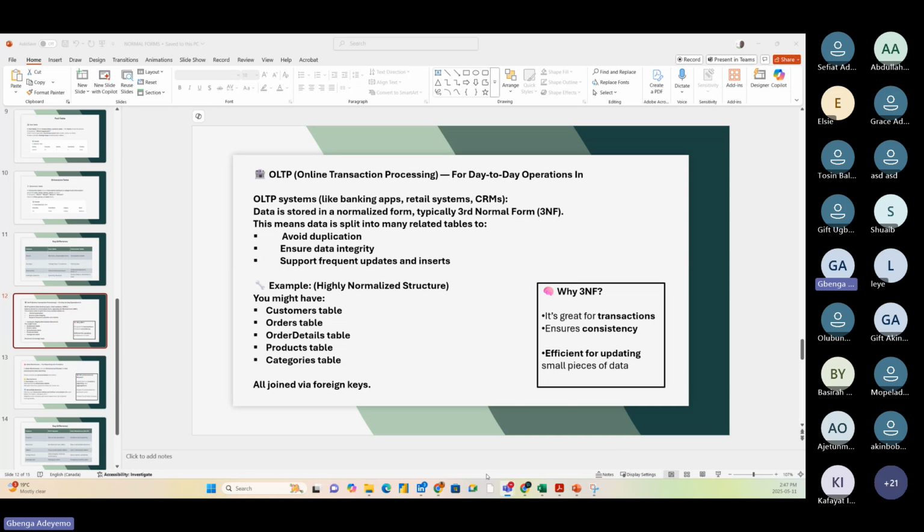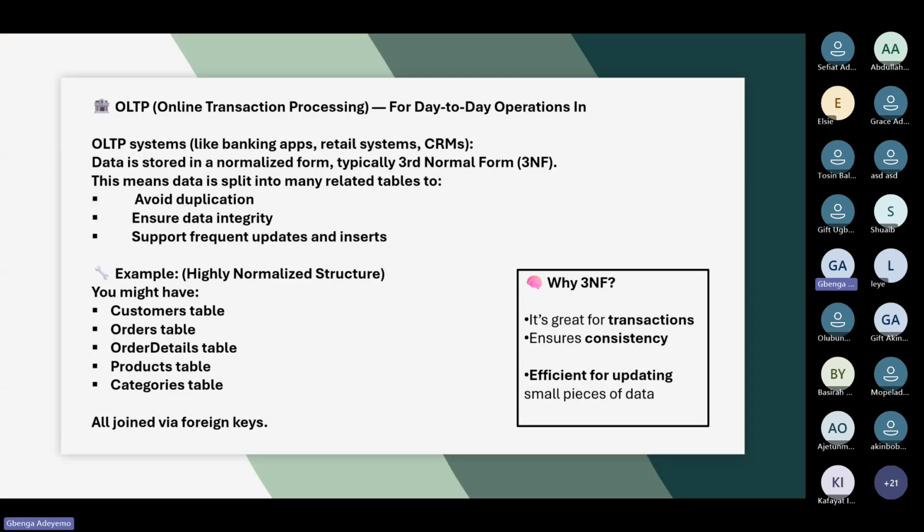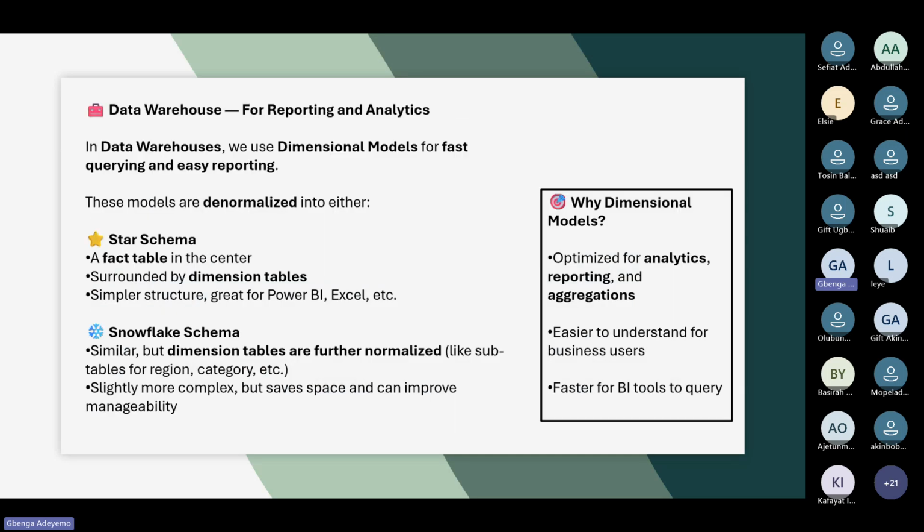So please, let's have that in mind. Now, let's go to OLAP, which is the data warehouse. It's called Online Analytical Processing. I told you that this one is meant for reporting and analytics. In a data warehouse, what we use is dimensional modeling, because dimensional models are fast for querying and easy to report on.